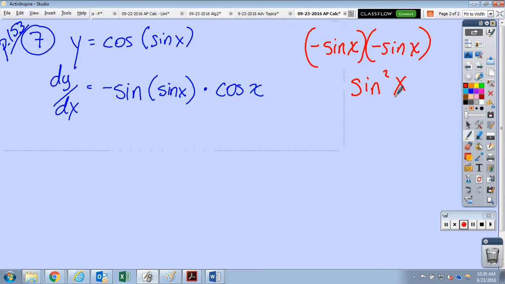So this is saying the opposite of the sine of the sine of x. So we can't go any further simplifying this.